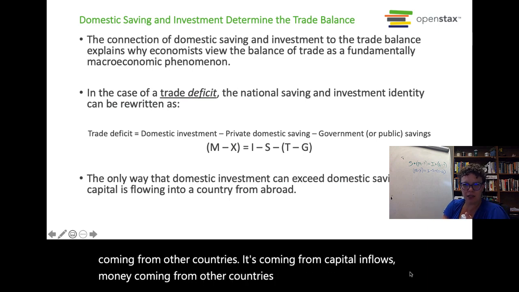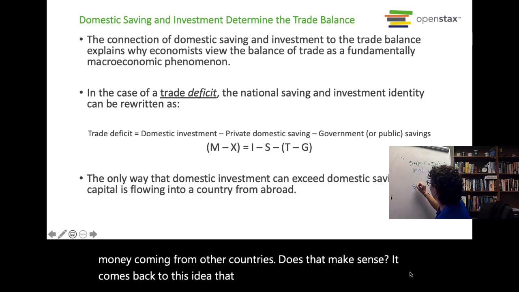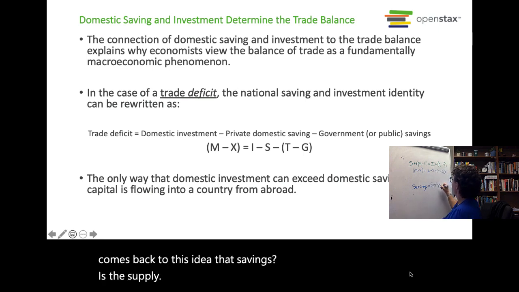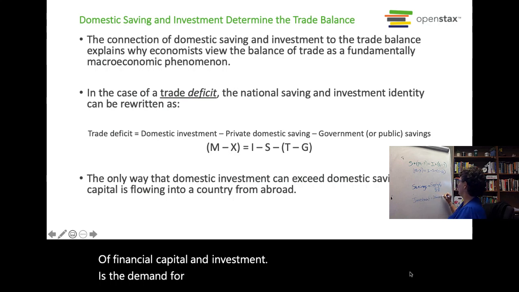Does that make sense? It comes back to this idea that savings is the supply of financial capital, and investment is the demand for it.